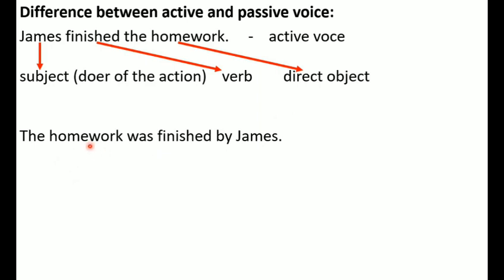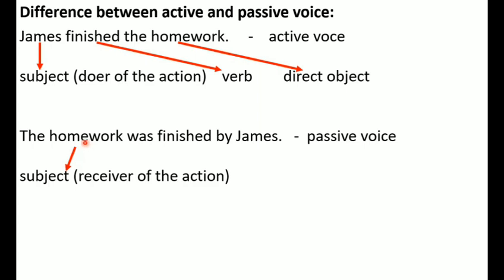Now, here is another example. If we are going to transform this to passive voice, kasi active voice ito eh. It's going to be like this. The homework was finished by James. Now, homework now is our subject. And this is now the receiver of the action.